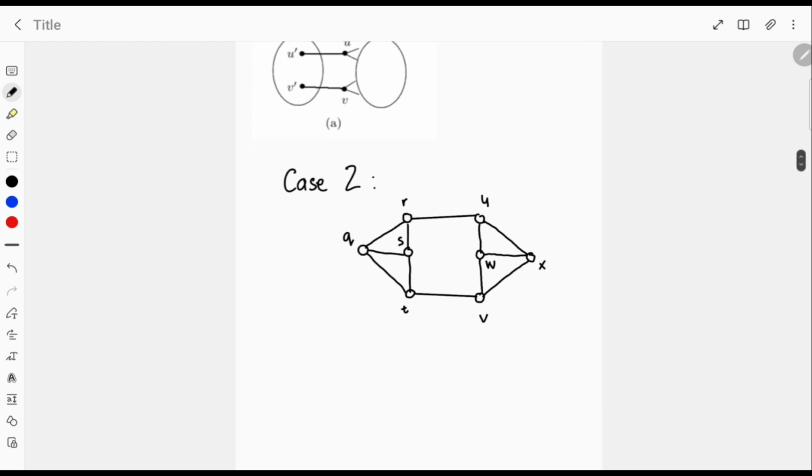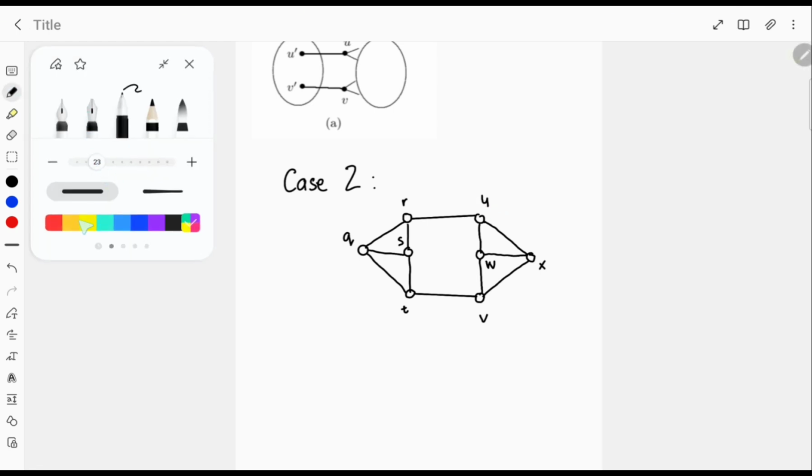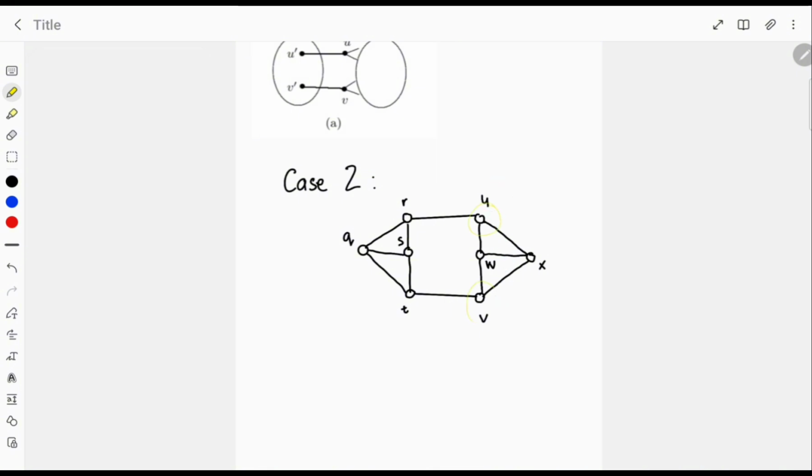Okay, so if κ(G) is equal to 2, then there exists a set U, which is equal to the set {u, v} of 2 vertices, such that removing them disconnects the graph.